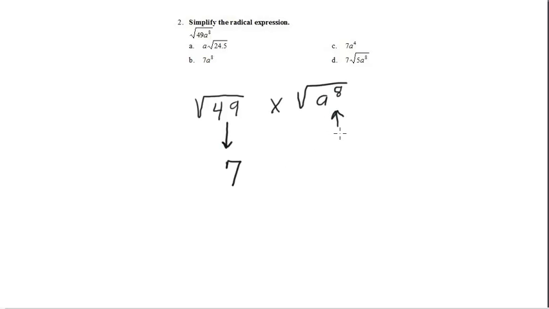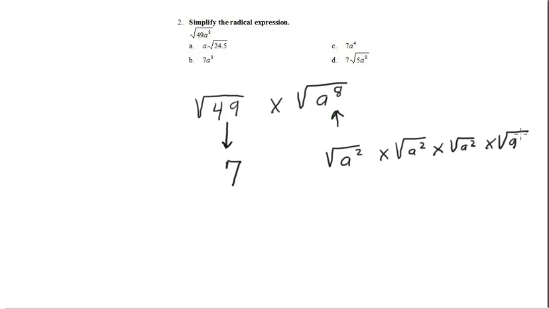Well, that can be rewritten as the square root of a squared times the square root of a squared times the square root of a squared times the square root of a squared.